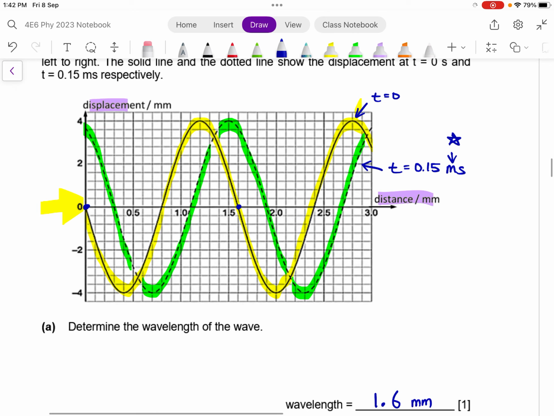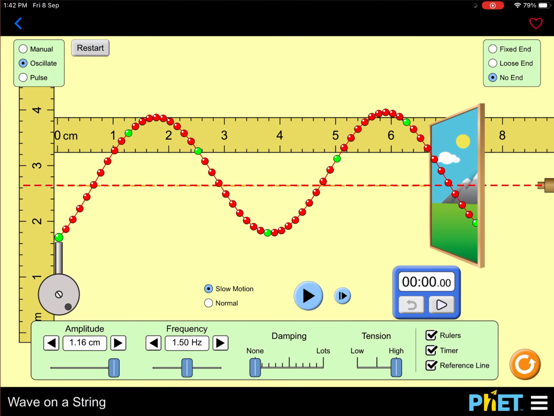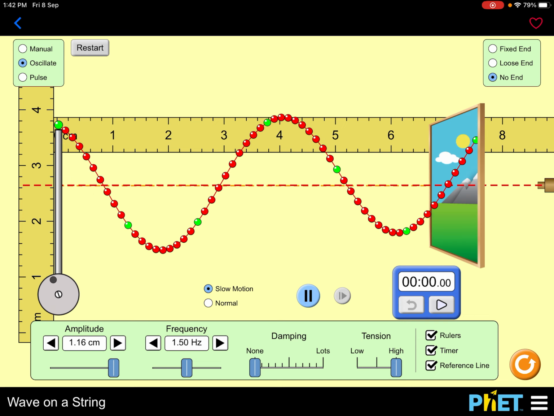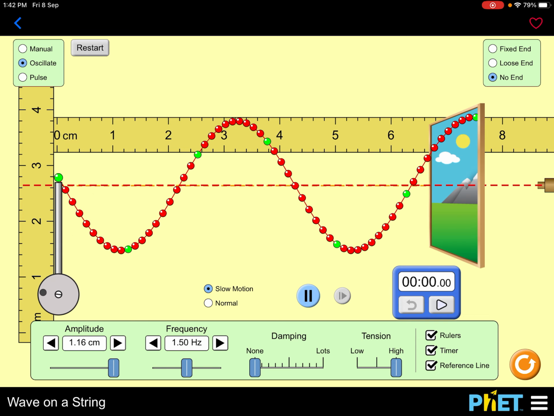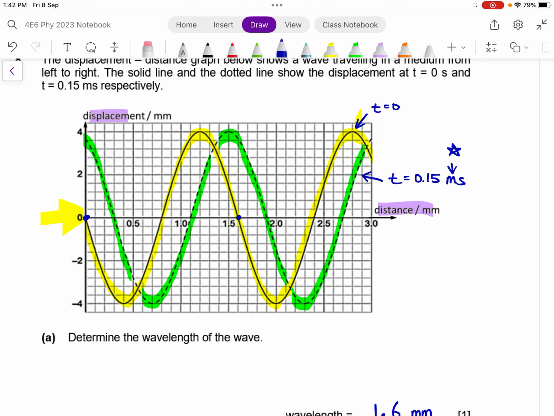For those of you who got it wrong, let me give you an illustration. Now I have a wave simulation over here. Let me reset it such that it looks like the one on your graph. Your one at time equals 0 is the yellow, right?